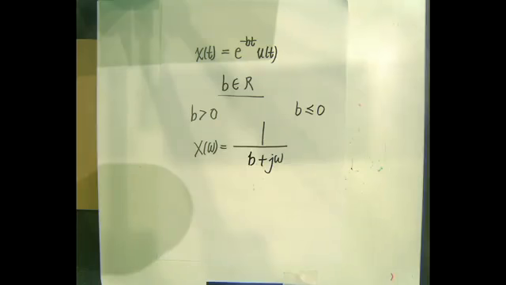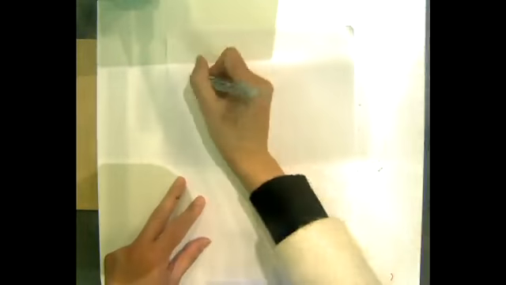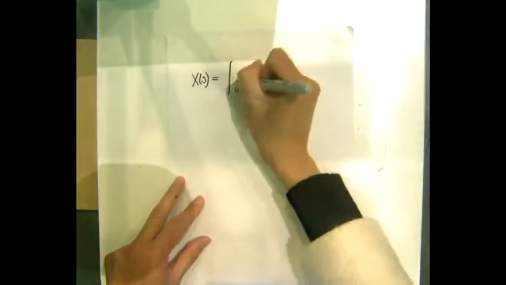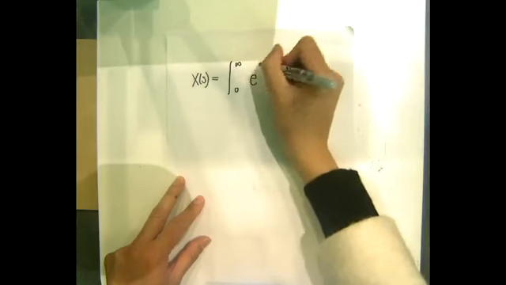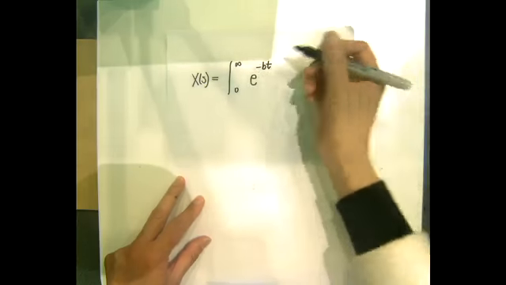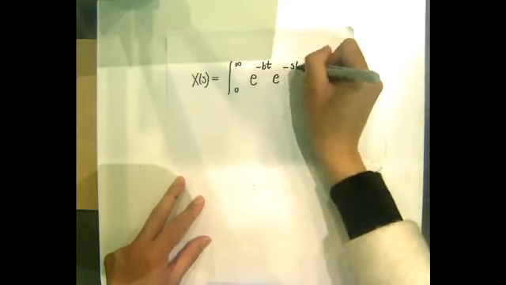Let's look at this. So my X(s) will be the integral from 0 to infinity of e to the minus beta t, and I have e to the minus st, dt.